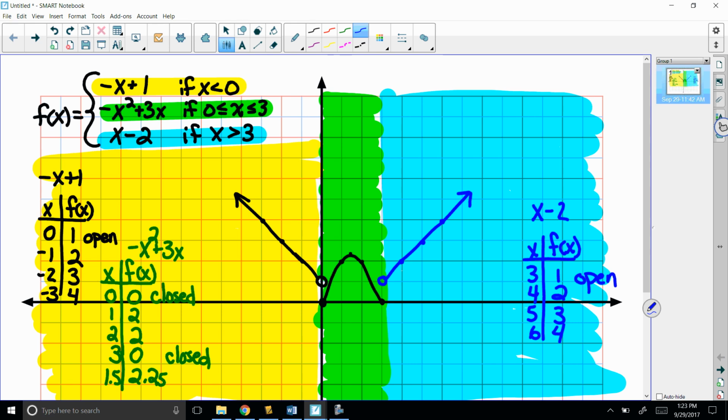Now, if I were to continue that in this direction, does it have that y-intercept of -2 that we talked about? Yeah, it does. But we don't want that in our graph. So this is the piecewise function, the whole thing here.